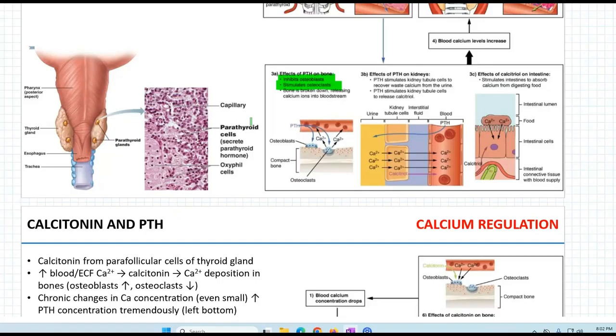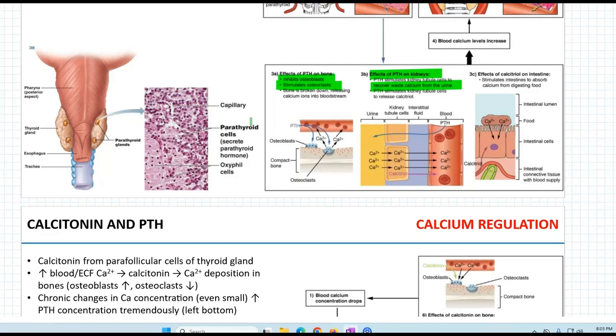It also acts on kidneys. So it effectively takes the calcium back from the urine into the bloodstream. It's called, you can say, one term is it increases calcium retention or calcium reabsorption.